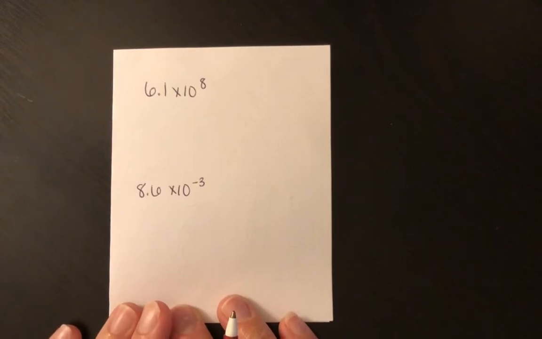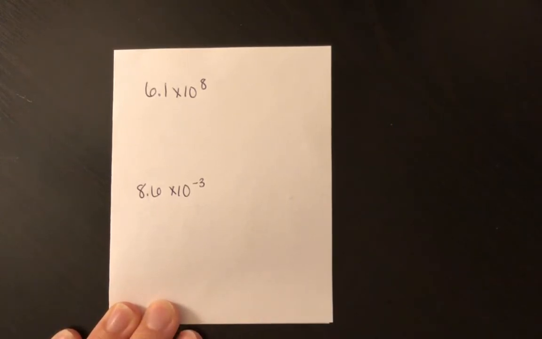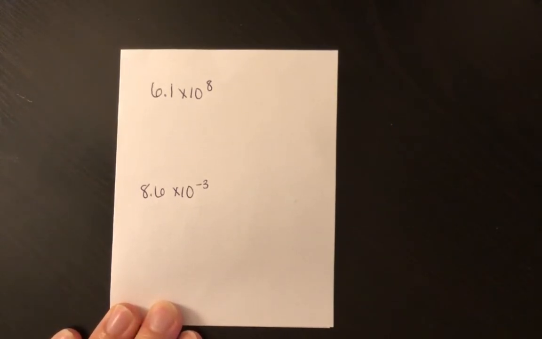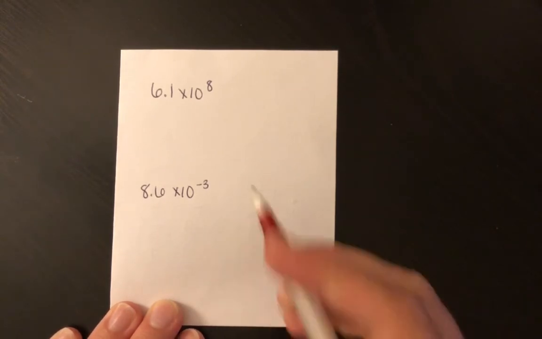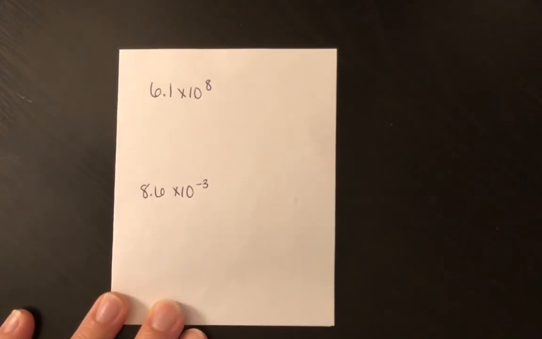Now we're going to practice taking a number out of scientific notation and putting it into standard notation. The exponent tells us how many times I need to move the decimal and if I'm moving the decimal to the left or the right. Remember, a positive exponent means I'm going to be moving my decimal to the right. I want to add zeros after the final number in my coefficient.